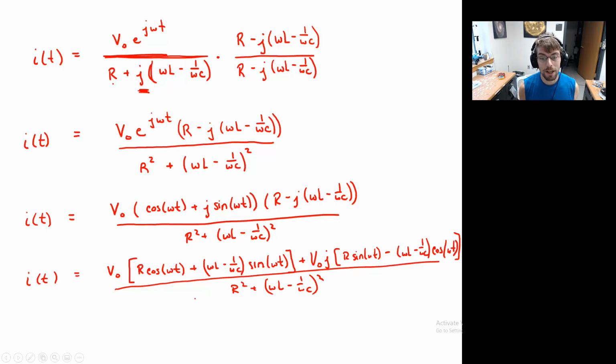And now we're finally there. We introduced that imaginary piece at the beginning, and we're going to pull it out at the end.